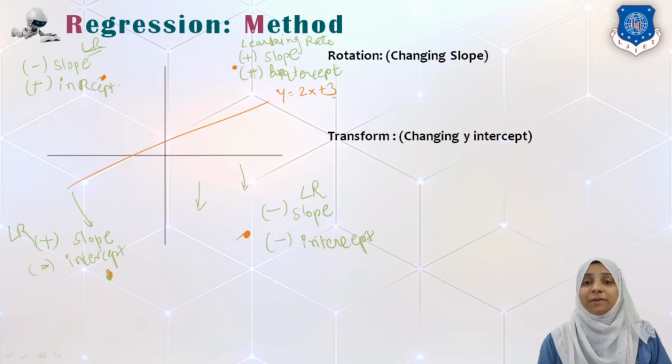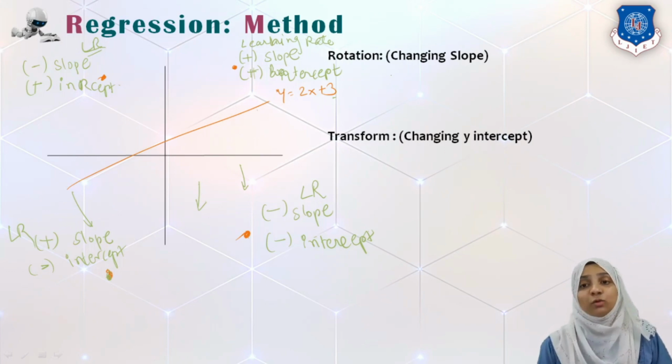Okay, so remember these signs. In the first quadrant, slope and intercept both increase. In the fourth quadrant, slope and intercept both decrease. In the second quadrant, only slope decreases and intercept increases. And in the third quadrant, slope increases and intercept decreases.